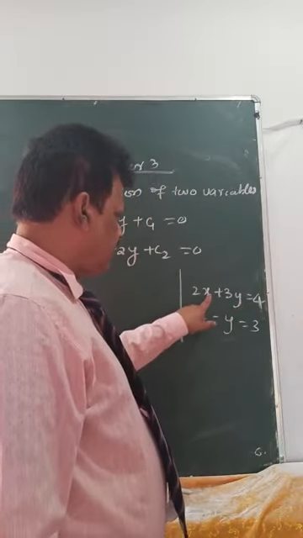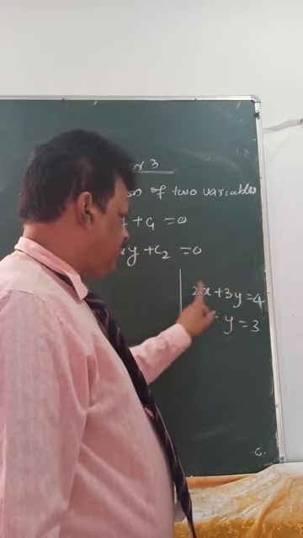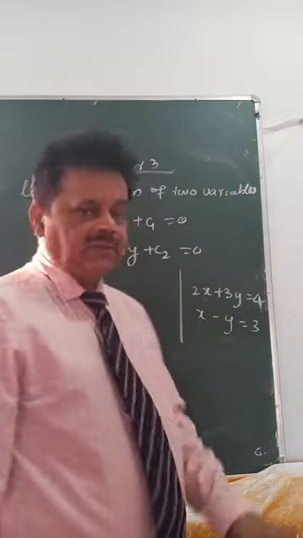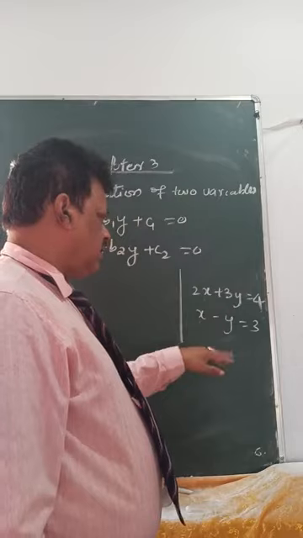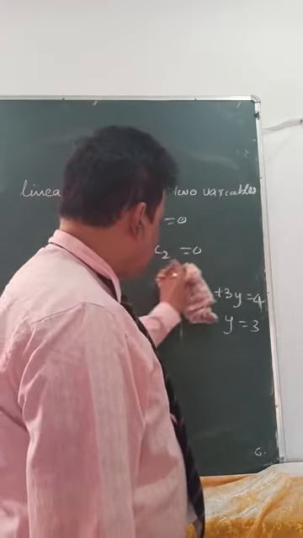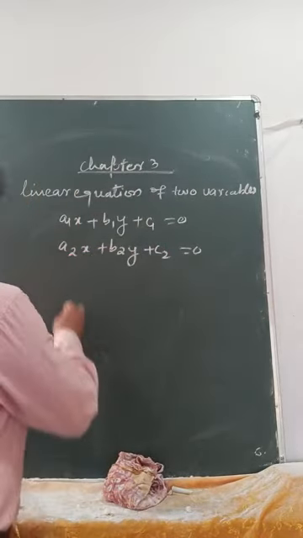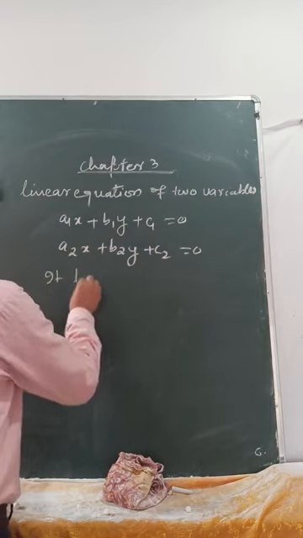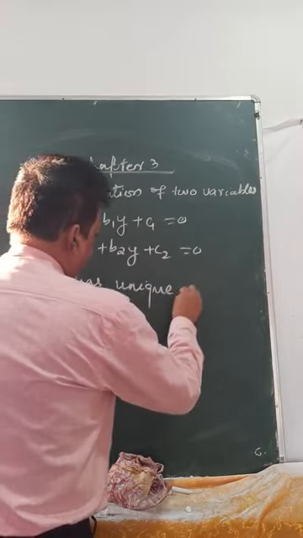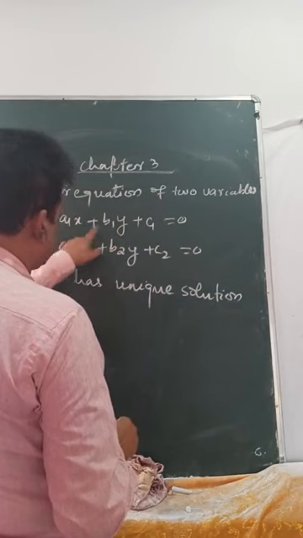So we may have one value of x and y, or x and y can have so many values, infinite values, or we can have x and y as no values. So in that case, what you write here is, if it is unique solution, means one and only one value of x and y.